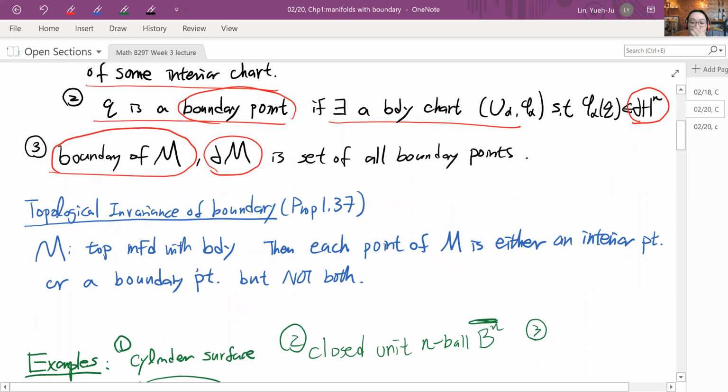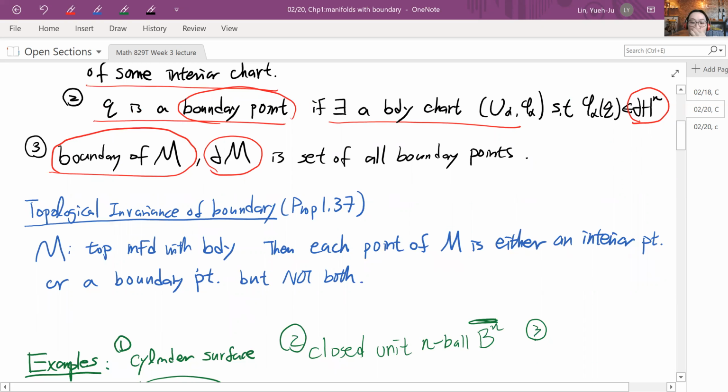The only difference is that later on you might map an open set on the manifold to some open set possibly in H^n, which means it possibly intersects the boundary of H^n, but it should not change anything. You just need to treat it a little more carefully.